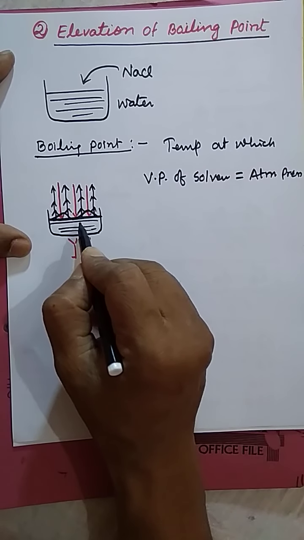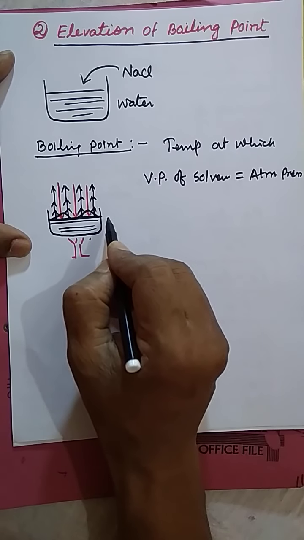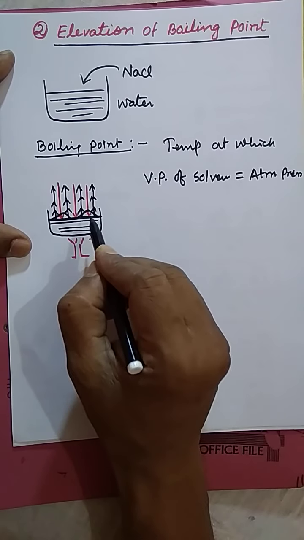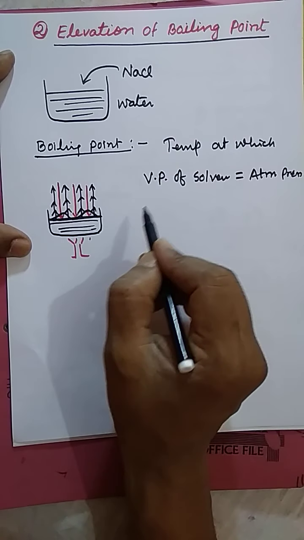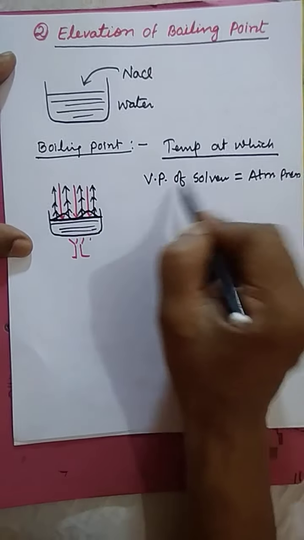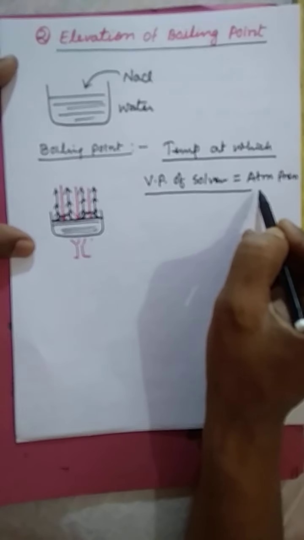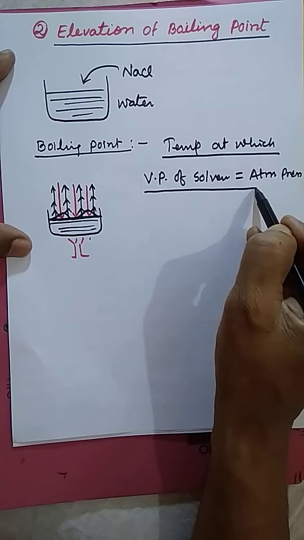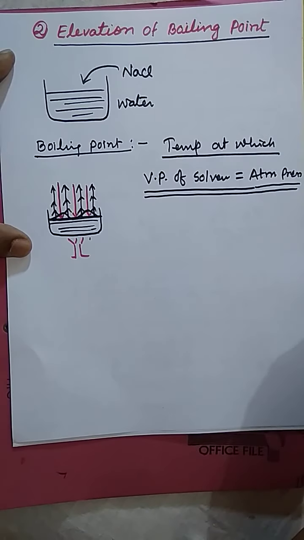This is called boiling of water, and the temperature at which this situation occurs is called the boiling point. Okay friends, always remember the temperature at which vapor pressure of a solvent or solution is equal to atmospheric pressure is called the boiling point of that solvent or solution.